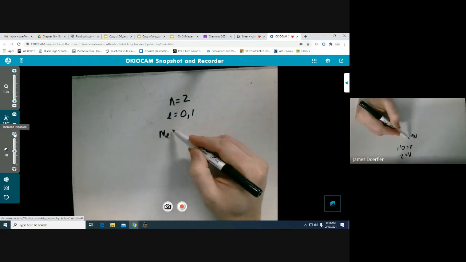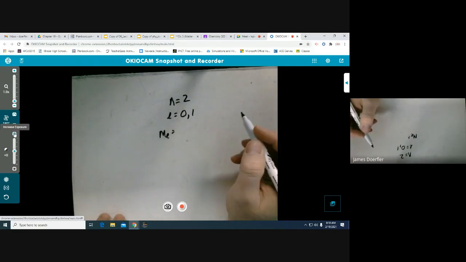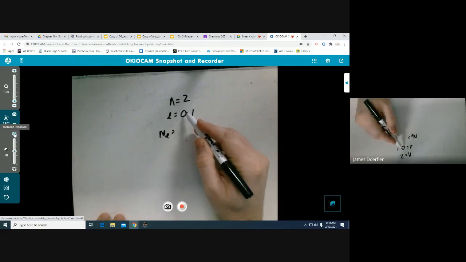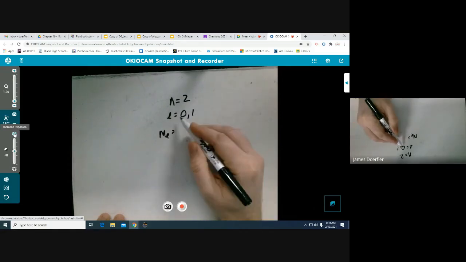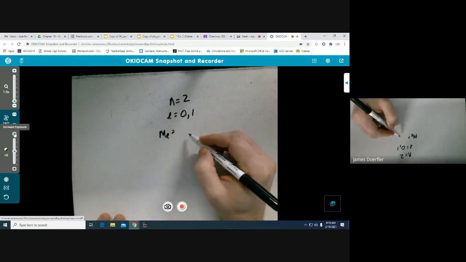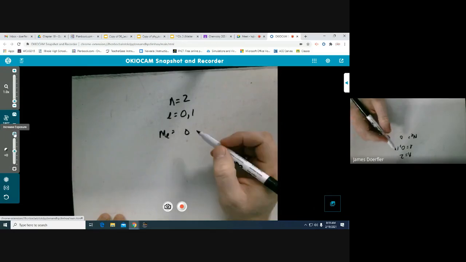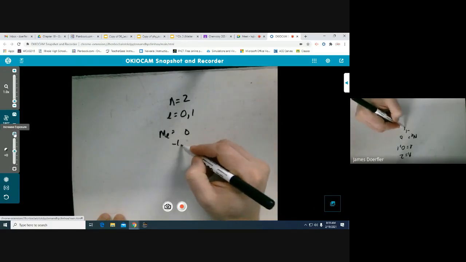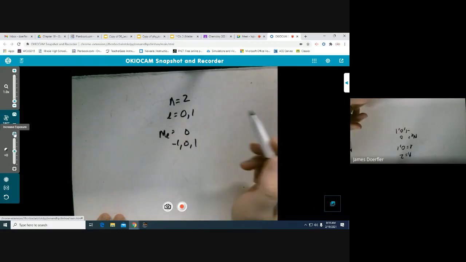And what about my possible M sub L values here? Start with your first number. What about 0? What are my possible values for 0 going to be? Just 0. What about 1? -1, 0, and 1. Okay, we got our brains warm now.